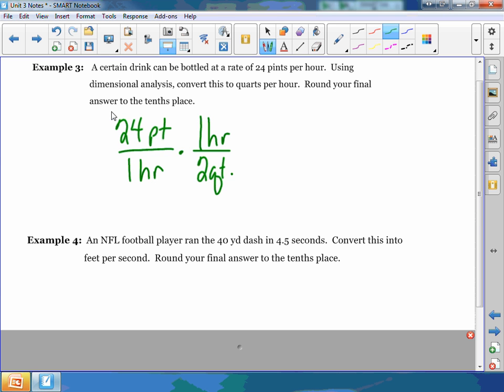So let me see. So you got 24 pints per hour, okay? So what we need is a pints to quart conversion. What's the conversion factor there?